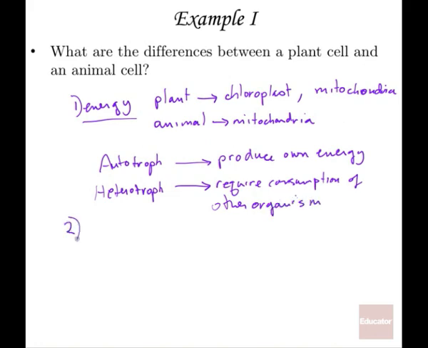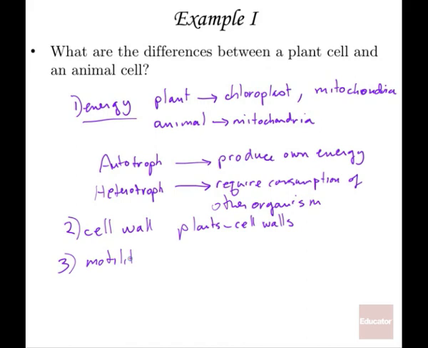Another difference is the cell wall. Okay, plants have cell walls and animals do not. Now the third is not necessarily a difference between all organisms, but I'll just put it down here. So motility.